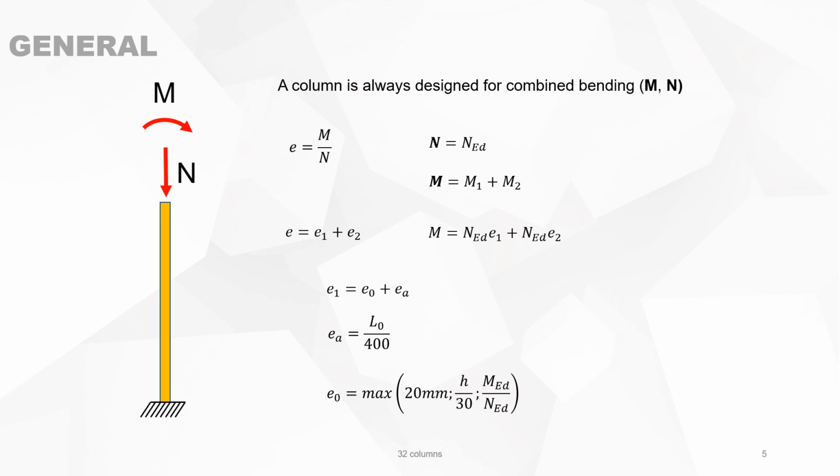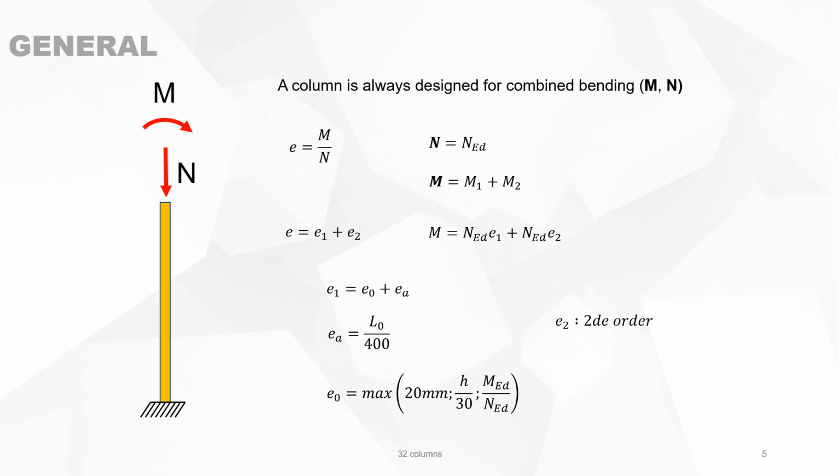And E0 is the maximum of 20 millimeters, or the dimension of the cross section of the column divided by 30, but it's the dimension of the cross section in the same direction of the acting bending moment M. And then E0 is, of course, the maximum also of the external applied bending moment divided by the normal force, external applied bending moment. That's the bending moment coming from the loads.